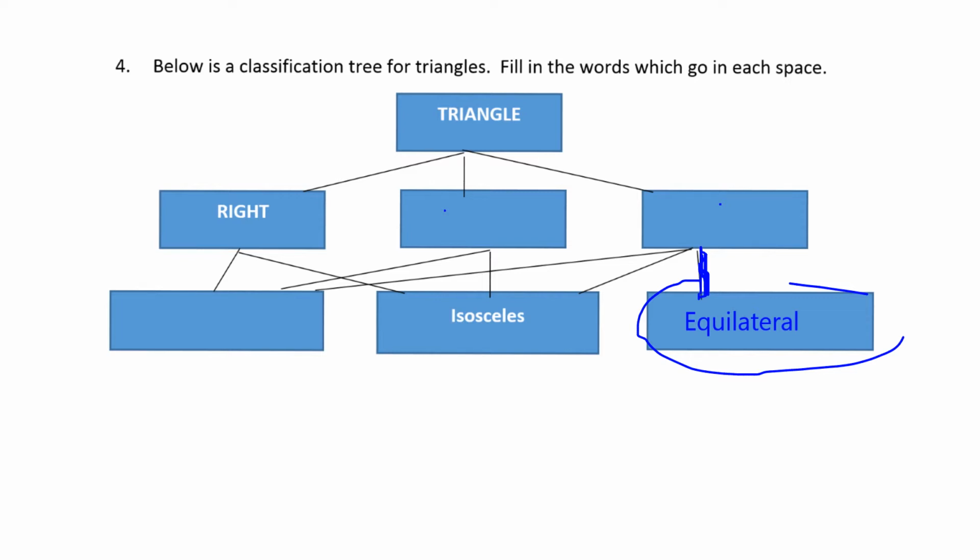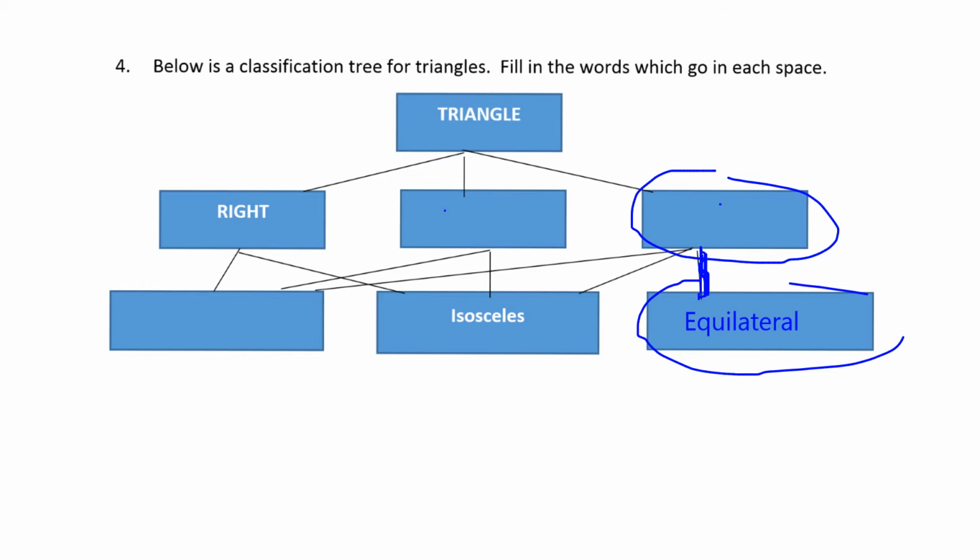Each of the angles is 60 because all of the sides are exactly the same length. So if it's 60, 60, 60 degrees, then they're all acute because they're all less than 90. So in this box here, we're going to put the acute classification.